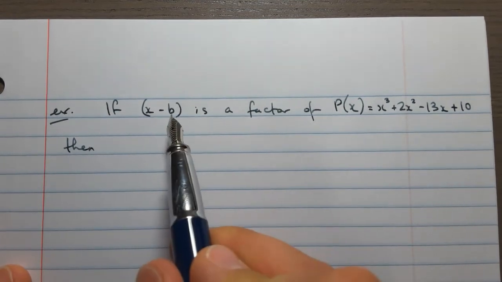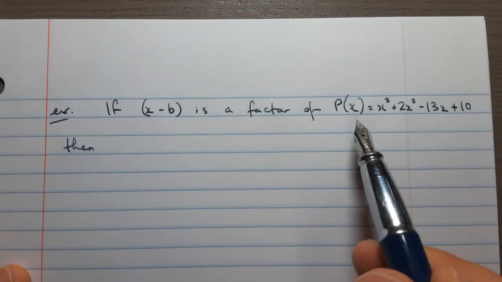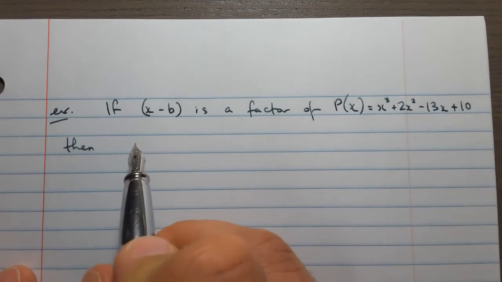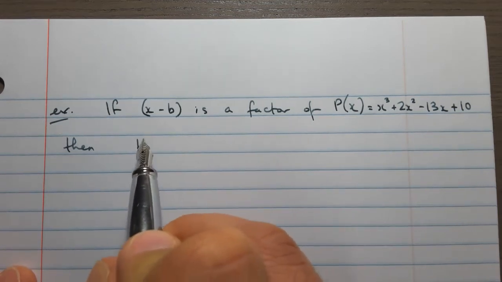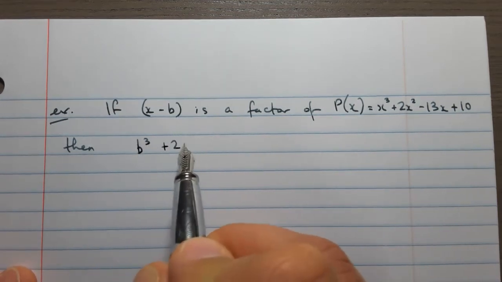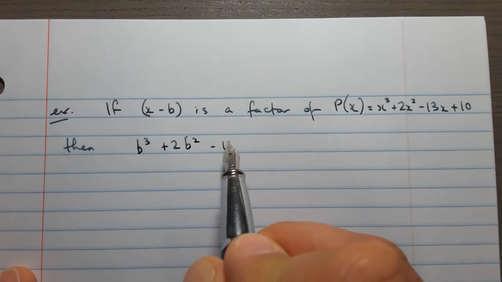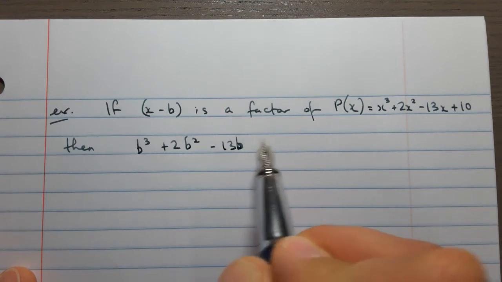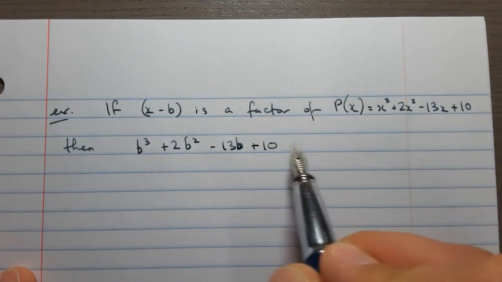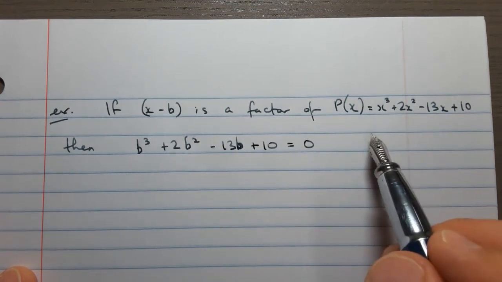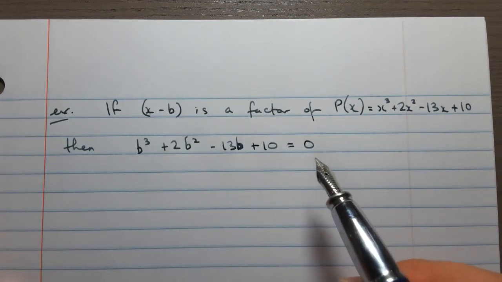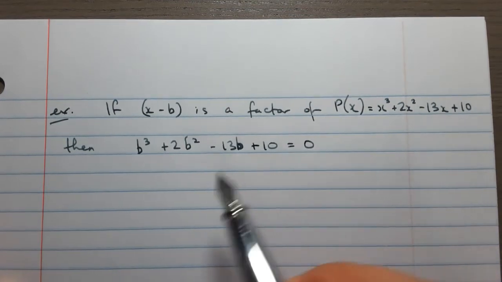If I were to substitute b in here, p at b, I would get b cubed plus 2 times b squared minus 13b plus 10 would be equal to 0. And that just comes from the factor theorem, remainder theorem.